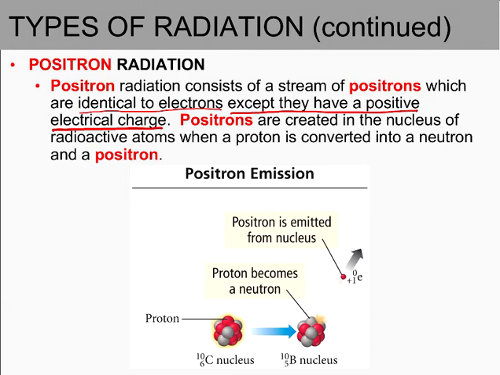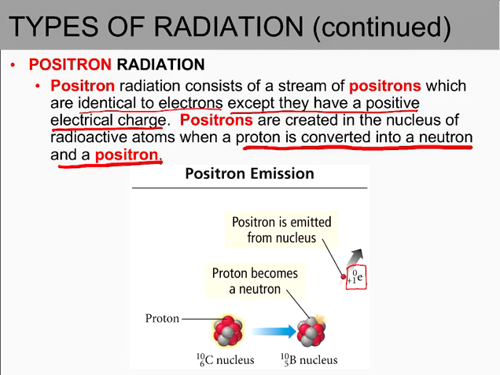The way that we write a symbol for a positron, we say that it's exactly the same as an electron, but it has a +1 charge instead of a -1 charge. Positrons are created in the nucleus of radioactive atoms when a proton is converted into a neutron and a positron.